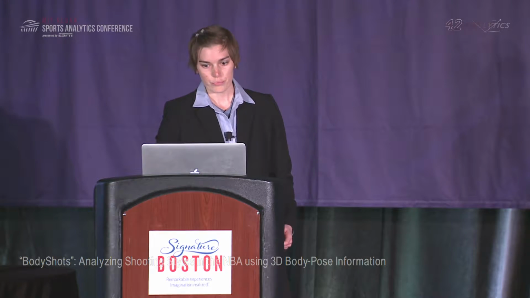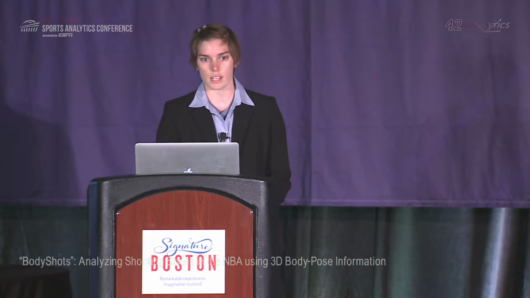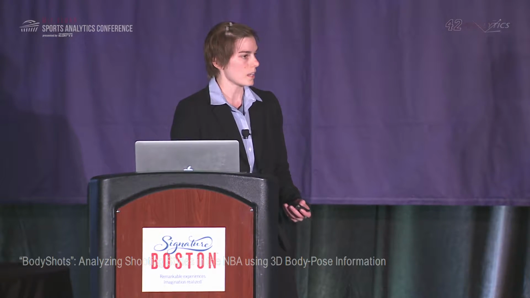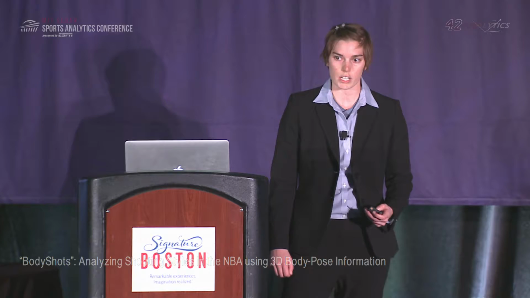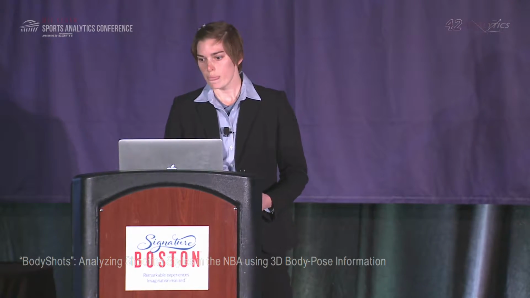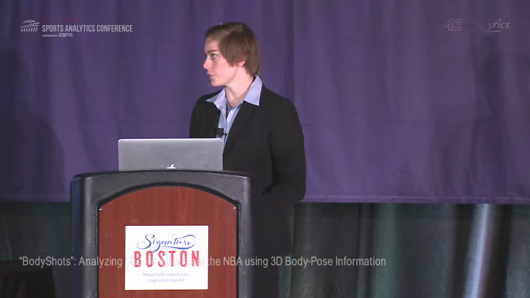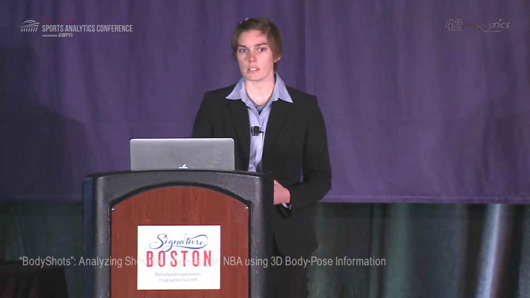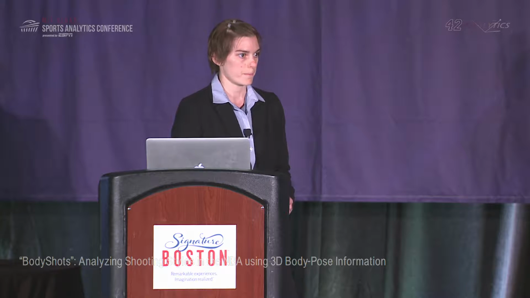So appearance is revealing. And it shows that he had to bend over to recover the ball, and he wasn't in a shooting position until his defender had closed out. So by distilling the shooter's appearance down to his body pose, we can represent this using a low-dimensional and interpretable space.